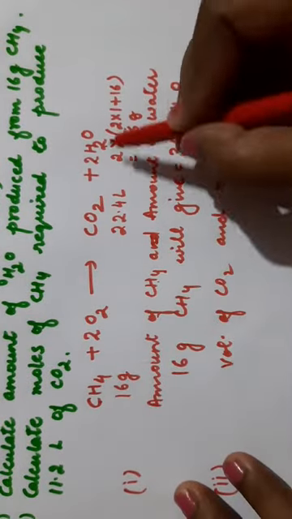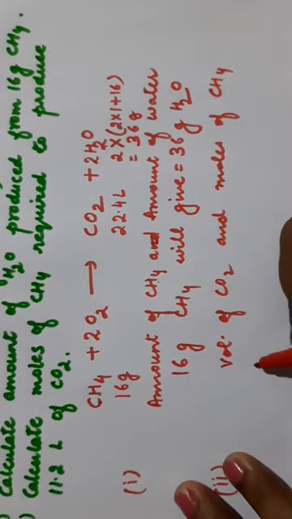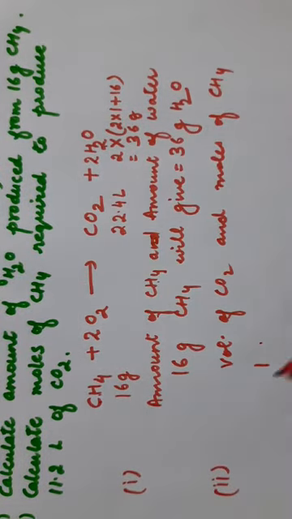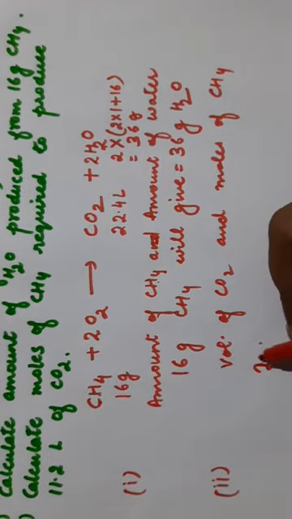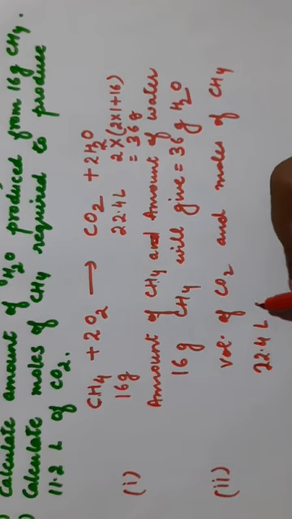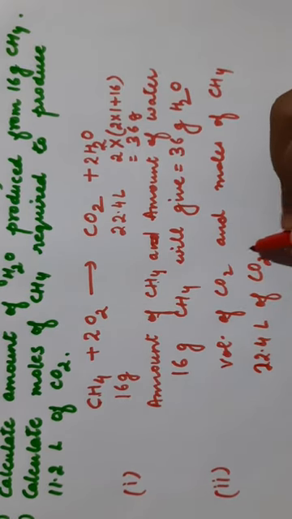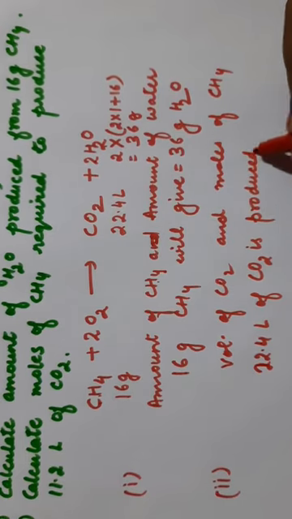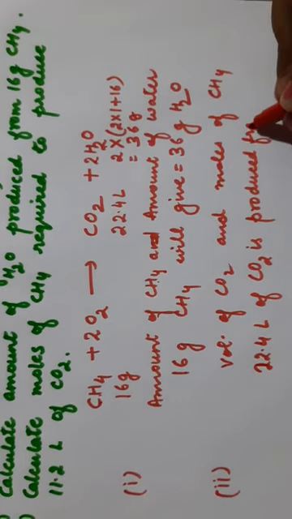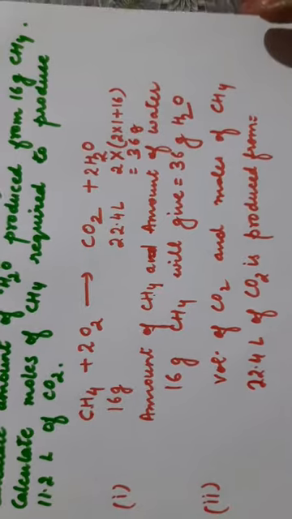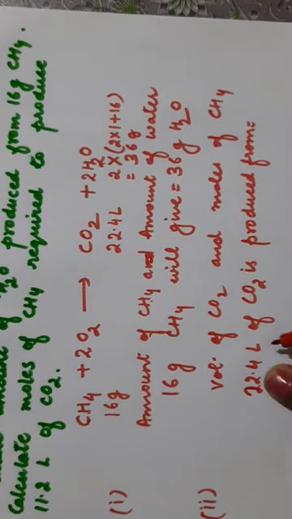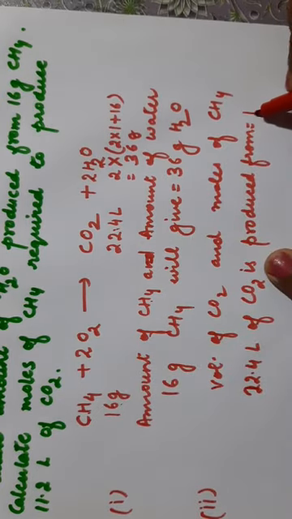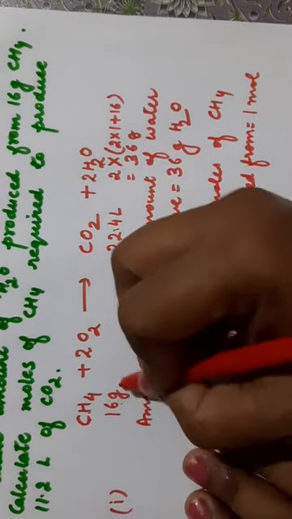See, according to this equation, we have to calculate methane, so we will write it on this side. So 22.4 liter of carbon dioxide is produced from how many moles of methane? 22.4 liter of carbon dioxide is produced from 1 mole of methane. It is equal to 1 mole.